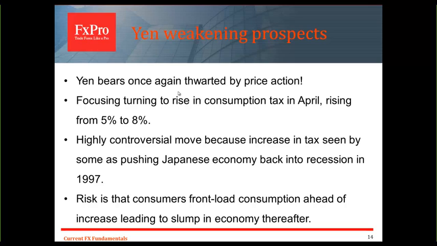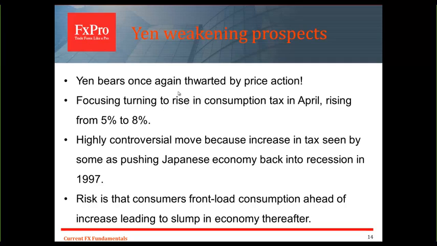So yes, it'll get them nearer to that 2% target, but you have to look at the underlying rates excluding that hike to really get a sense of underlying inflation. The reason it's controversial is that back in '97 they hiked consumption taxes again at that time.